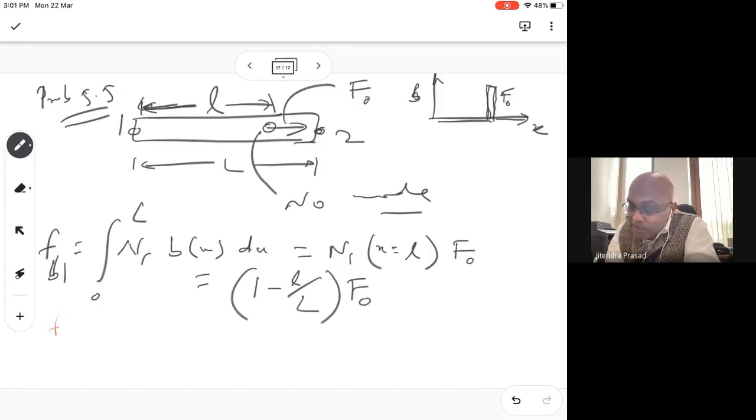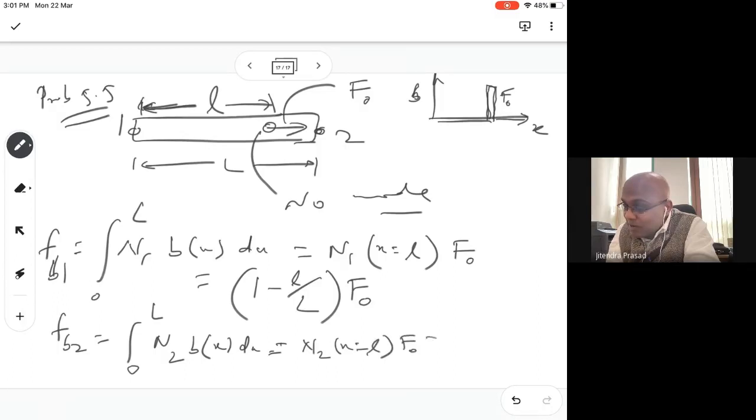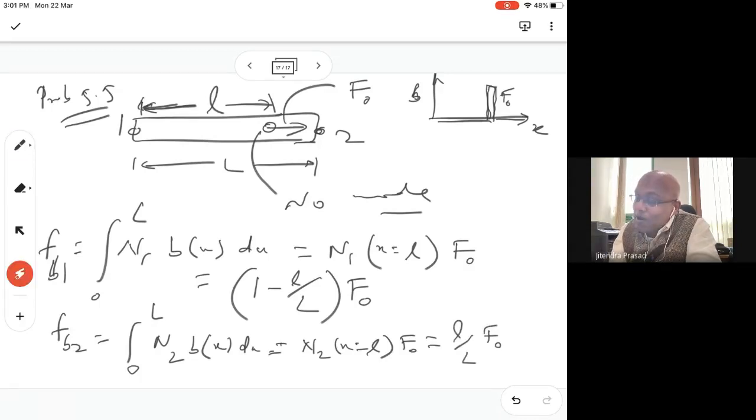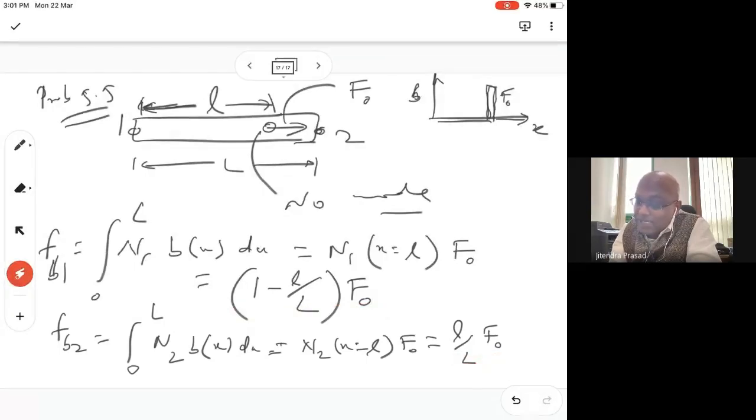Similarly, FB2 will be the integral 0 to L of N2 Bx dx, simply equal to N2 at x equal to l multiplied by F naught, and the N2 value will be l over big L, F naught. The total is F naught only, but 1 minus l over L goes to one node and l over L goes to the other, which means whichever node is closer gets the maximum share.